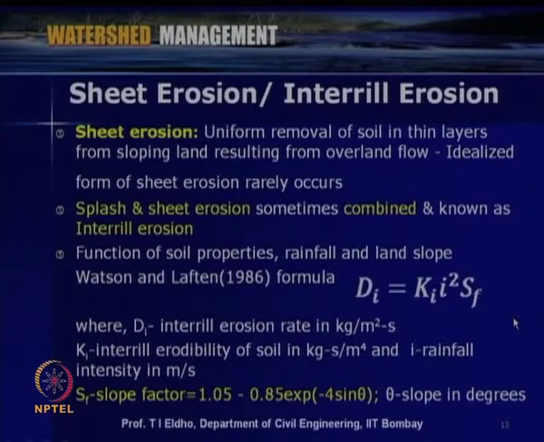So, like this, depending upon various conditions and based upon various experiments, equations are derived by various researchers. What we have seen now is the sheet erosion or interrill erosion. Now let us look at the next type of water erosion, called rill erosion.